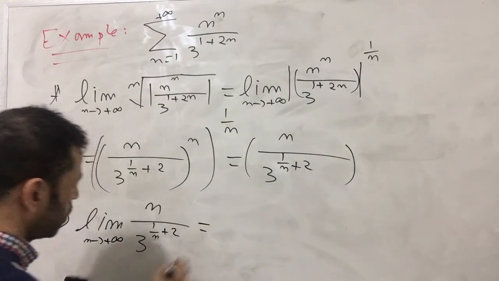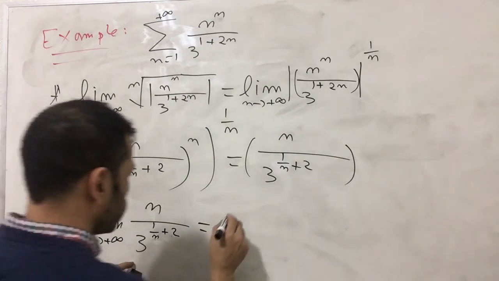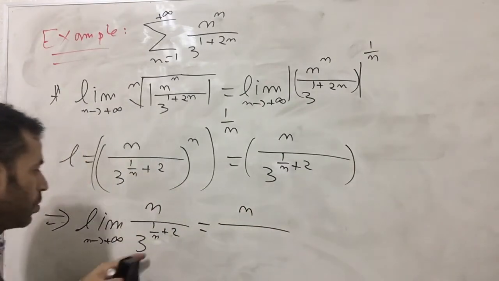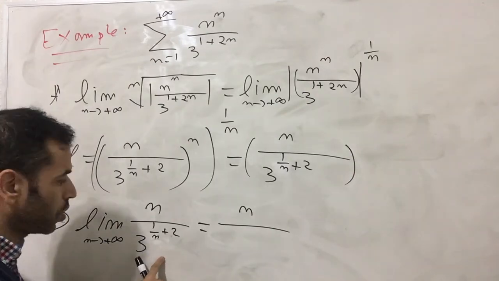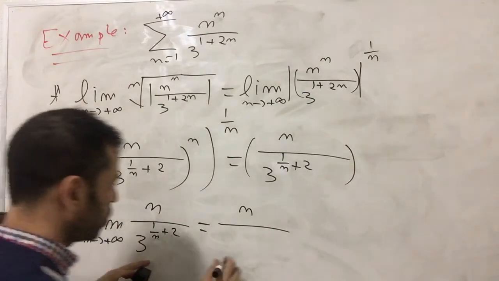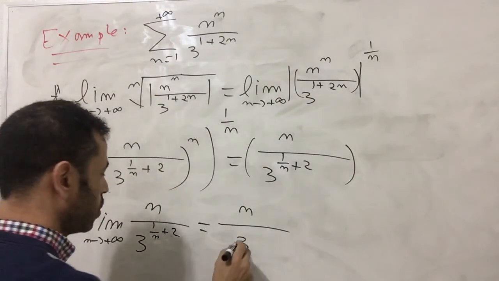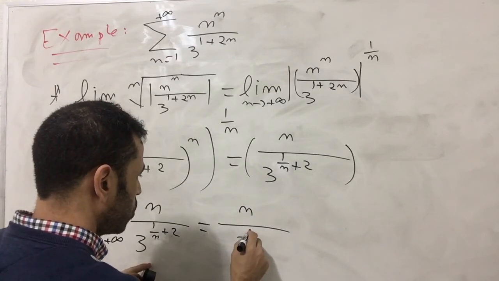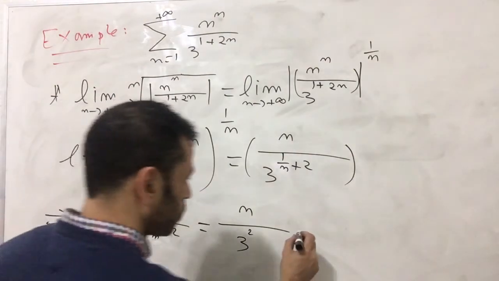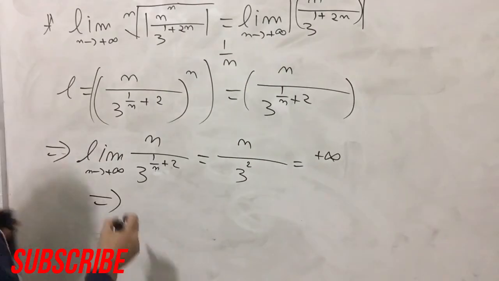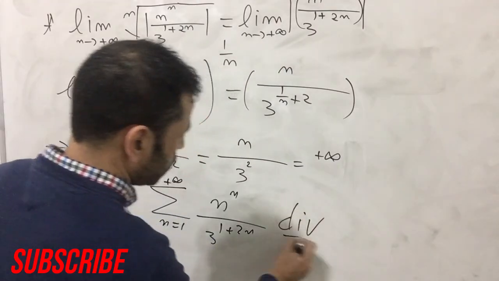If I apply the limit of 1 over n, it gives us 0, and 3 to the 0 equals 1. So I will be left with 3 to the 2. So you apply the limit here, this one is going to infinity. Finally, this sum diverges, okay?